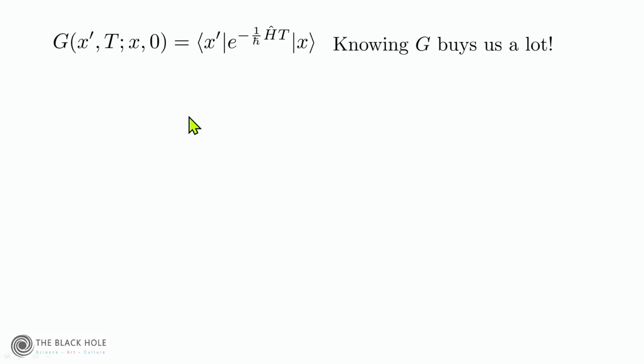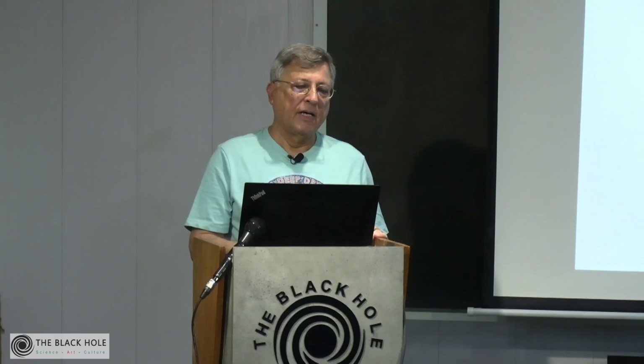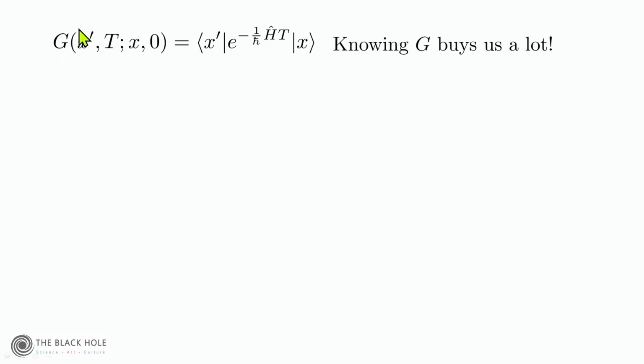So we have found the amplitude to go from x0 to x prime t. I'd called this the script A earlier. There's another notation. This is called the Green's function. The Green's function to go from here to here, which is basically this.